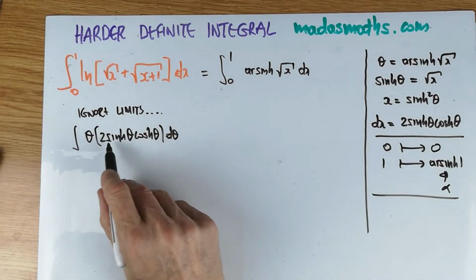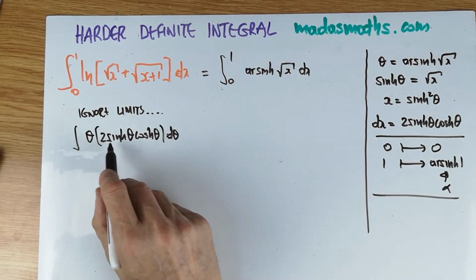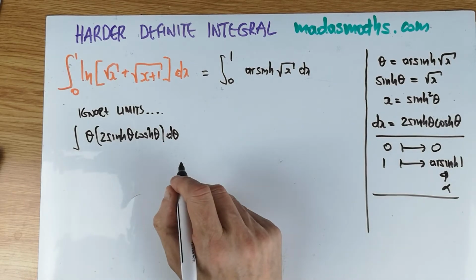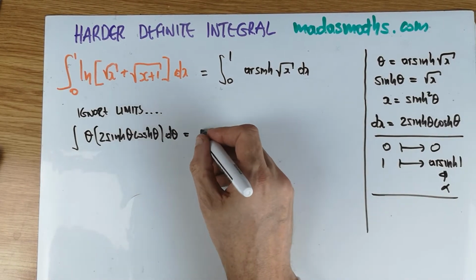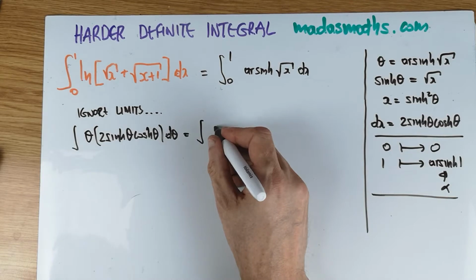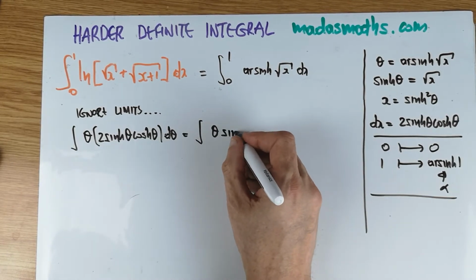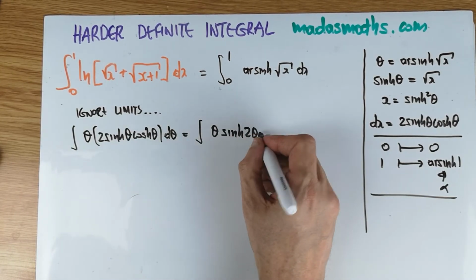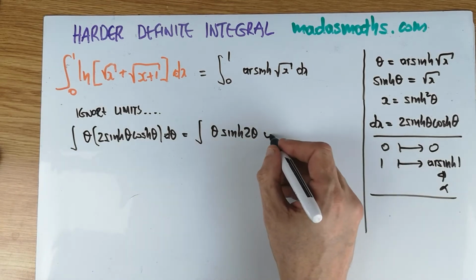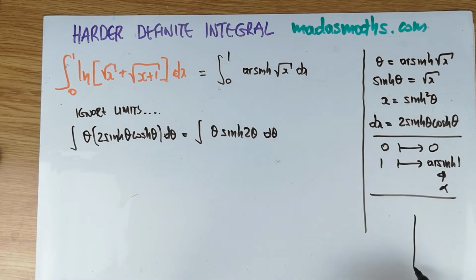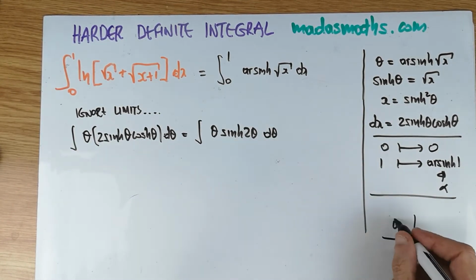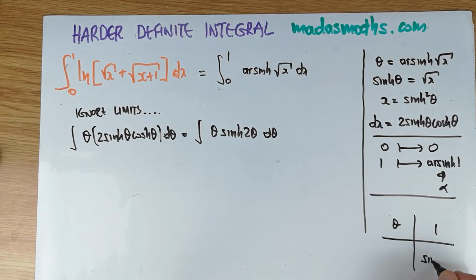It's not a good idea to switch this into exponentials and have theta with exponentials. The integration by parts is not going to be very pleasant. It's probably better to leave this as theta sinh 2 theta, that's this identity, d theta, and you're still going to have 2 parts, but they're much nicer. Theta and sinh 2 theta, a half cosh 2 theta.